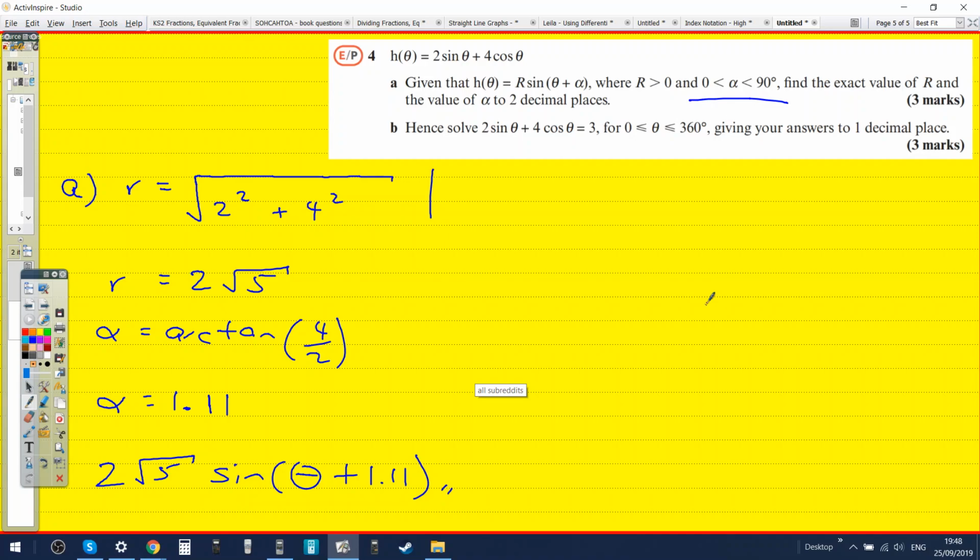And now B. So 2 sine theta plus 4 cos theta equals 3. So we can use 2 root 5 sine theta plus 1.11 equals 3. And first of all, we can divide both sides by 2 root 5. Yep.